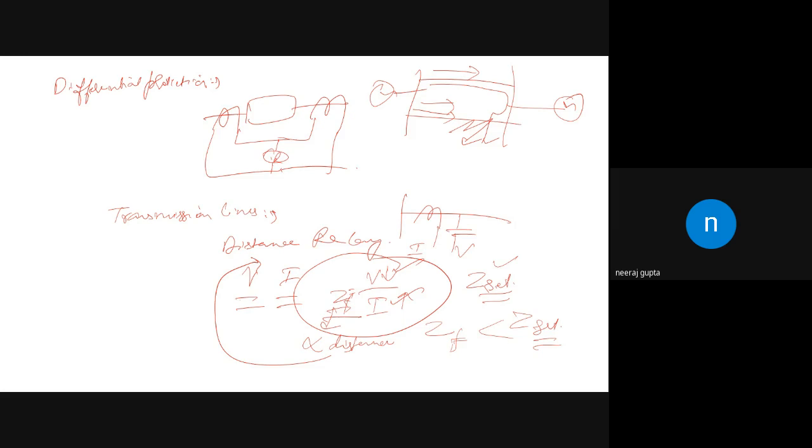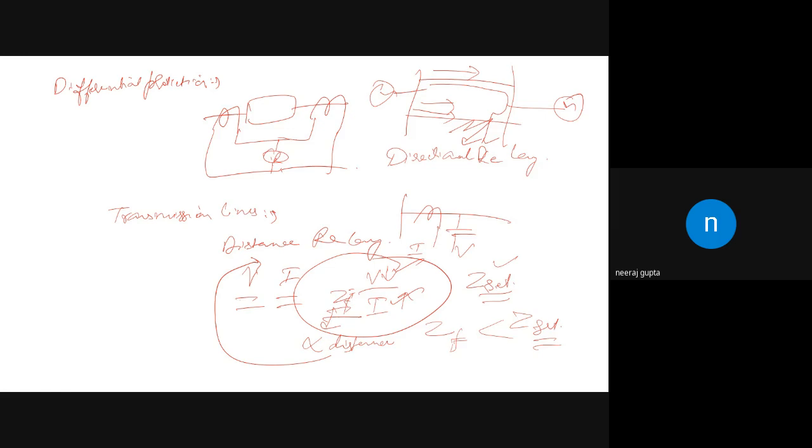So in order to be selective, the relay must be sensitive to the direction of the flow of the fault current. If the fault current is flowing in the opposite direction, then we have the logic such that it will trip. So this kind of relay is known as the directional relay.